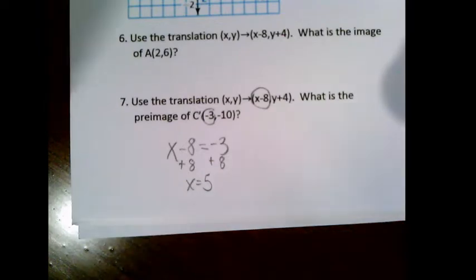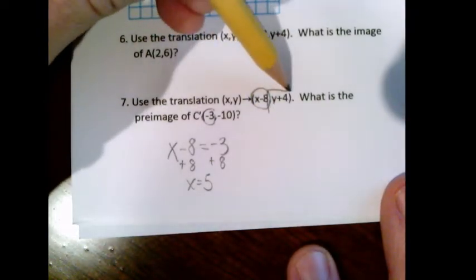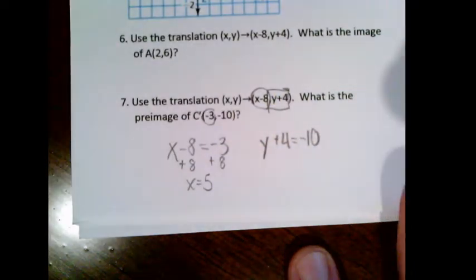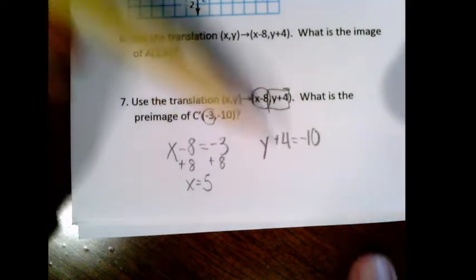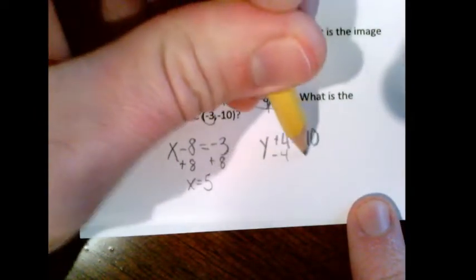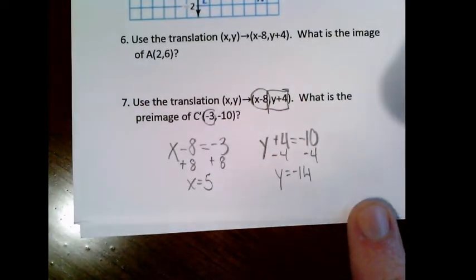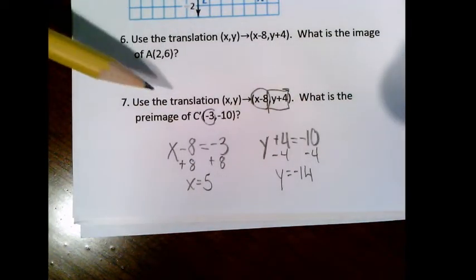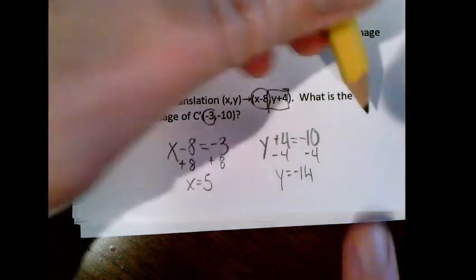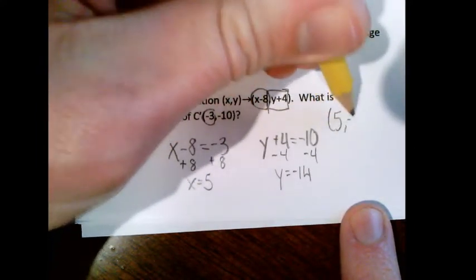Yep. I've got my original, and whatever that is, if I add 4, it gets me to the new one, which is negative 10. So from there, if I just subtract 4, y is negative 14. So the pre-image is 5, negative 14.